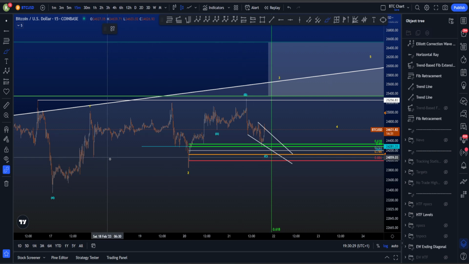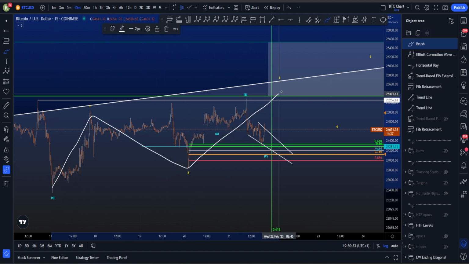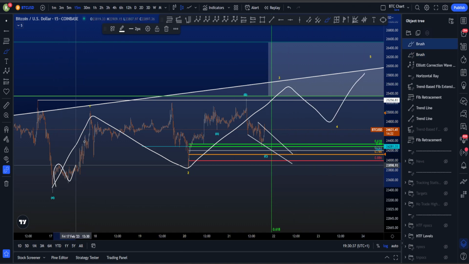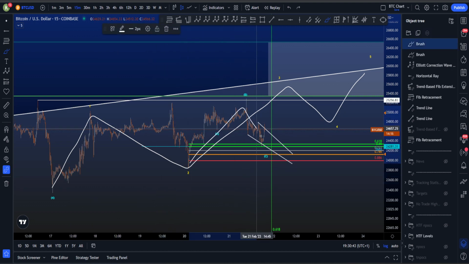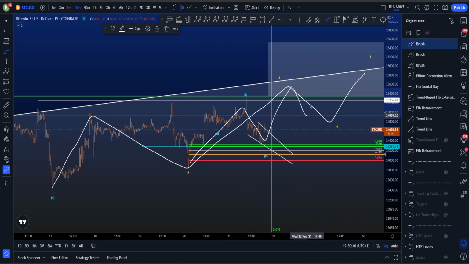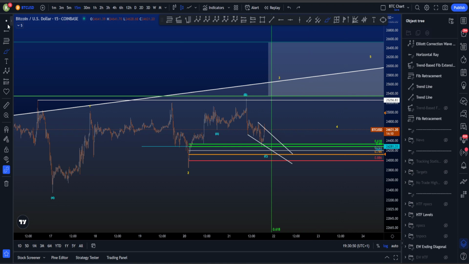And the ending diagonal is therefore this being a wave 1, 2, 3 is yet to be finished, 4, 5, and each subdivision in this case is a 3-wave structure. There we go. That's at least what I'm looking out for at the moment.